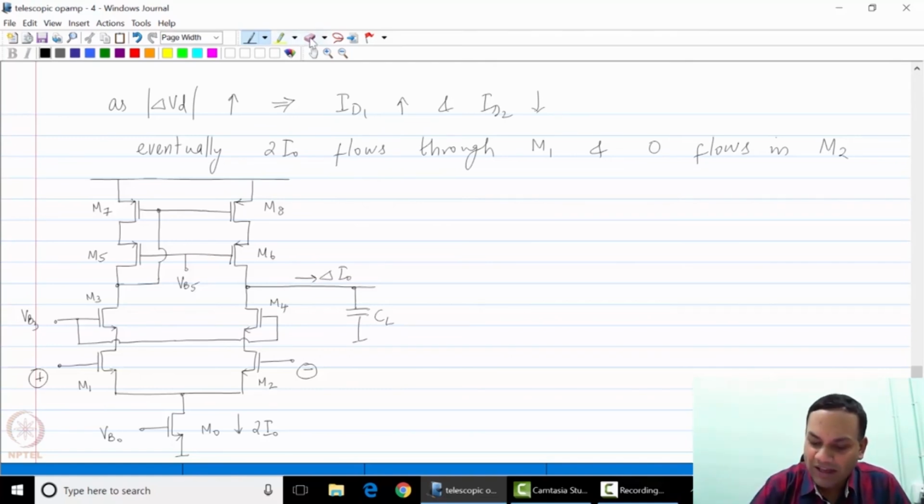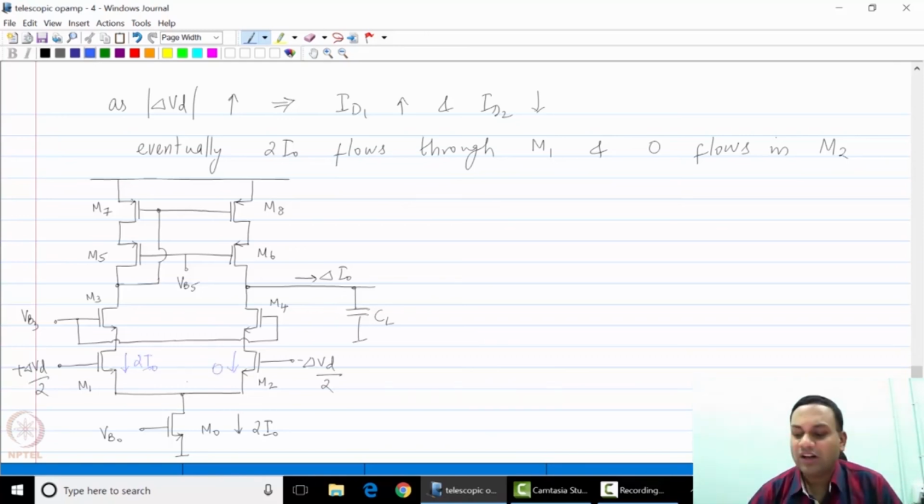If you were to apply a really large step at the input, you would have a current 2 I0 in M1, and 0 current, therefore M2 and M4 would be cut off.